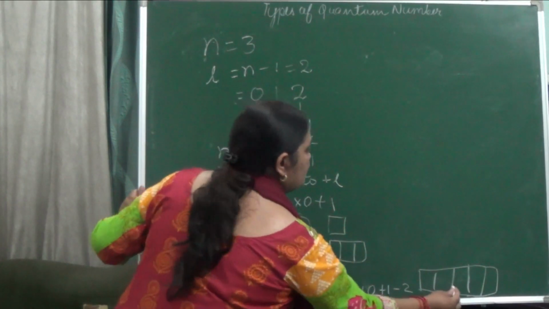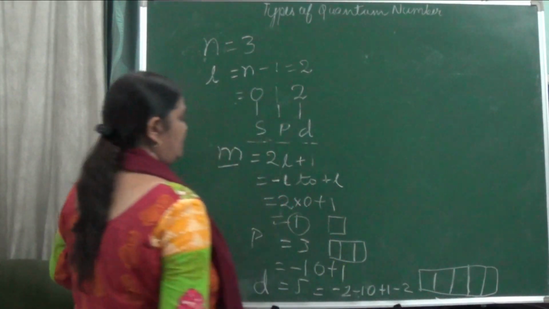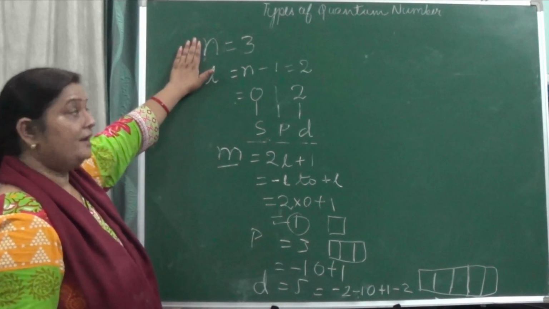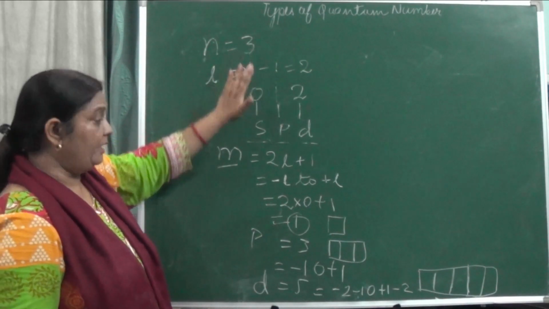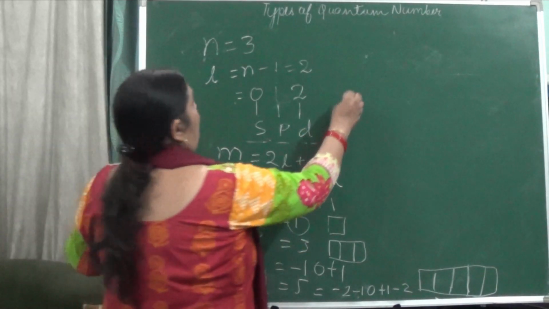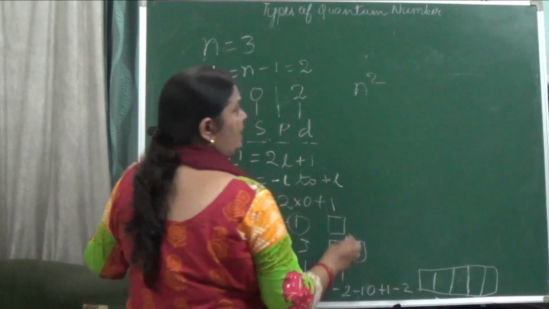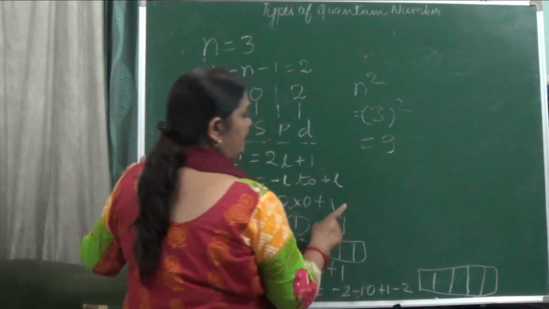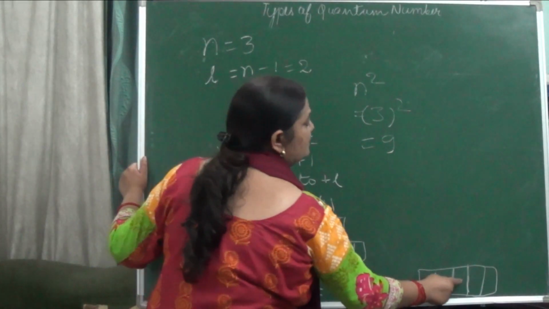Now, how many orbitals are there in shell number 3? The formula I gave you is n square. It becomes 3 square, that is 9: 1, 2, 3, 4, 5, 6, 7, 8, 9.